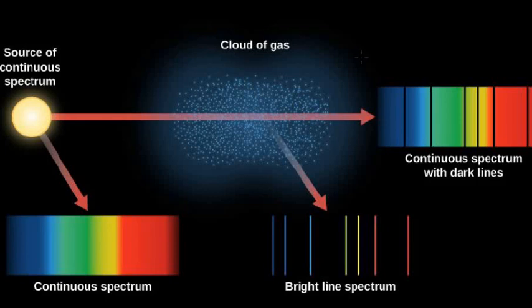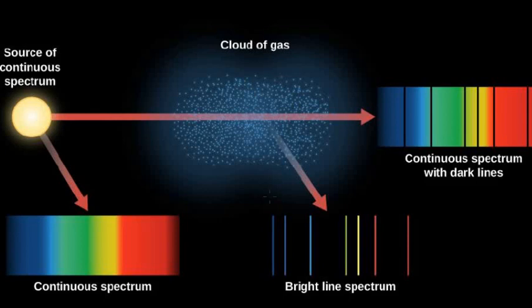So this is the reason why, even if there is a bright line spectrum in a different direction, in this direction we still observe a continuous spectrum with dark absorption lines.